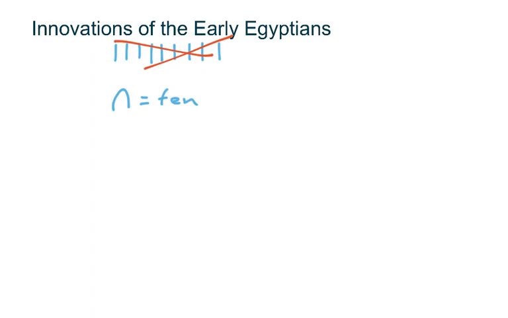So if you needed a number like, let's say, 26, you'd write the 10 symbol twice, kind of using those like a tally, but by having 2 of them, that represents 20, and then 6 more, you would use the standard tallies, 1, 2, 3, 4, 5, 6. That would be 26.